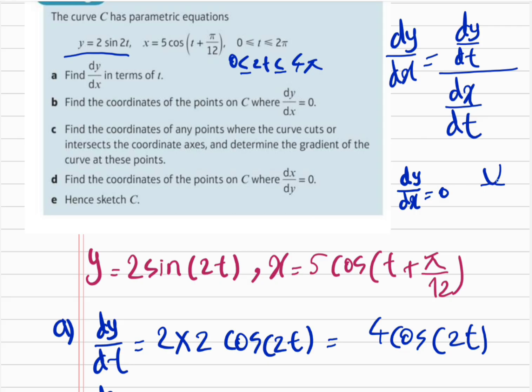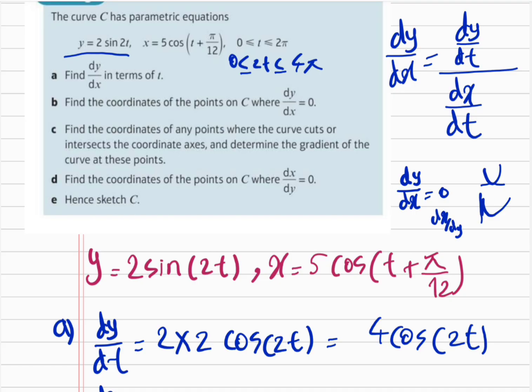But in part D we found where dx by dy is equal to 0, and the way that's useful is where you have another curve, something like this, and the part where the tangent is vertical.